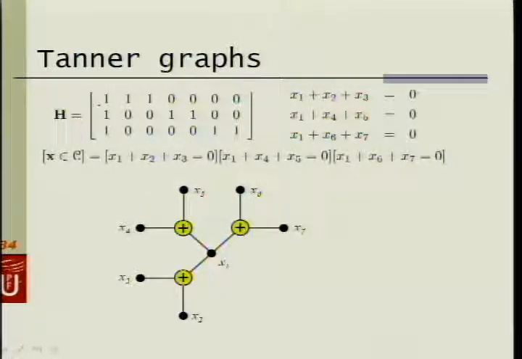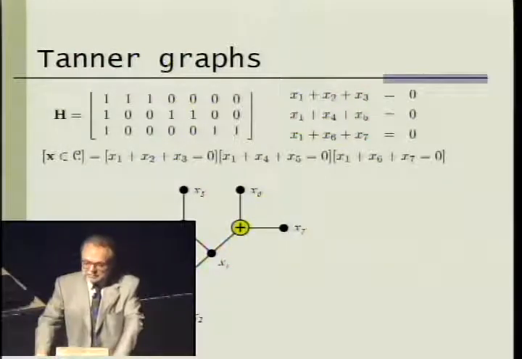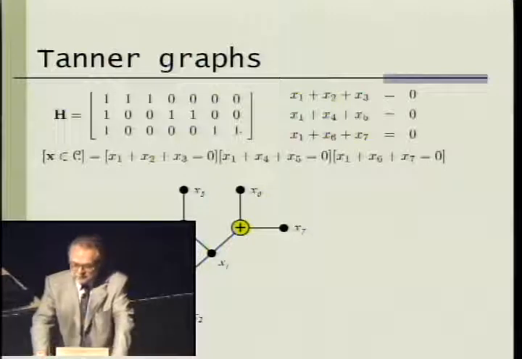So the first row of H, that has 1 in column 1, 2, and 3, simply expresses the fact that the modulo 2 sum of the first 3 components of the vector must be equal to 0. Second row has a 1 in position 1, 4, and 5, and consequently the sum x1 plus x4 plus x5 must be equal to 0, and similarly for the third row.